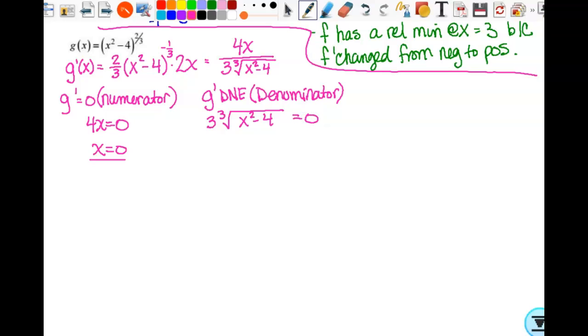So I'm going to factor what's inside of there. 3 times the cube root of x plus 2 times x minus 2. And the fact that it's in a cube root and everything really doesn't matter. I just need to know when this is 0, that makes this whole thing 0, which makes the cube root 0, which makes everything 0. So I'm really just solving these two right here. And so here x is equal to plus or minus 2.